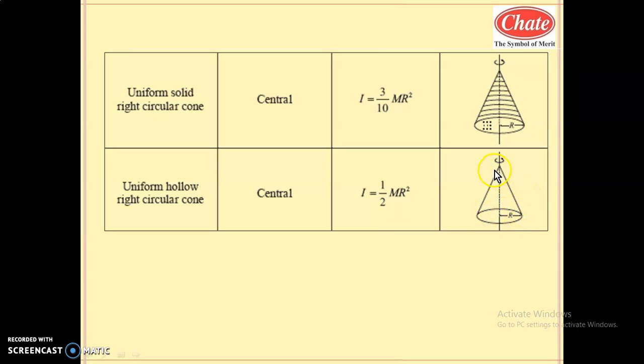If you imagine the situation like this, cutting the hollow cone into sections gives concentric rings, and if all those rings are fitted one into another, you will get a disc. Hence the moment of inertia of a hollow right circular cone is similar to the disc's moment of inertia, that is MR square by 2.